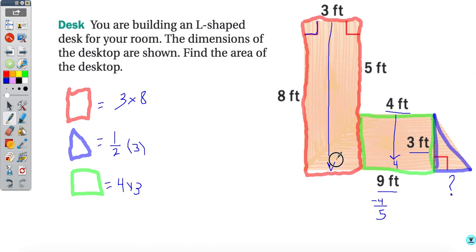Since opposite sides are the same, I know this side of the red rectangle is going to be 3. So if I take 3 away from 5, I know this side, the base length of the blue triangle has to be 2.